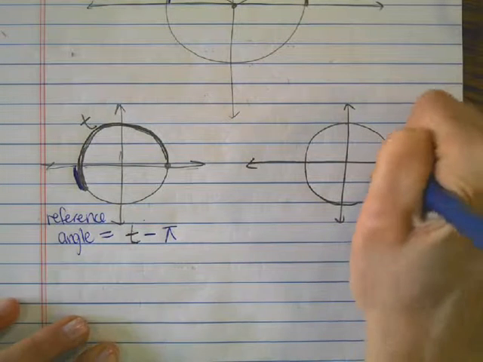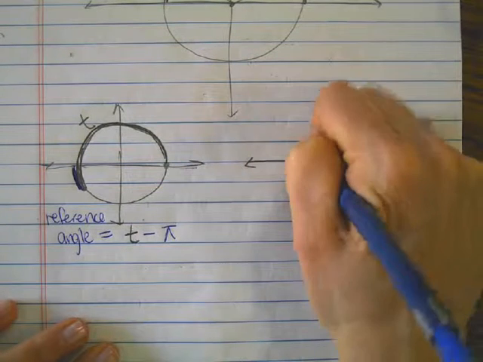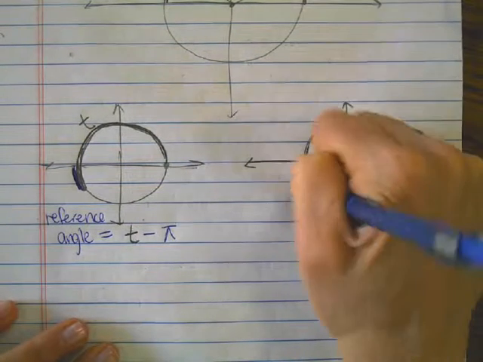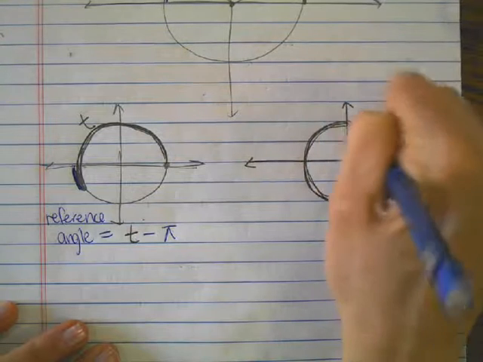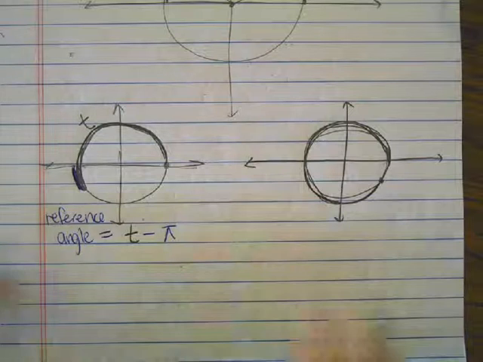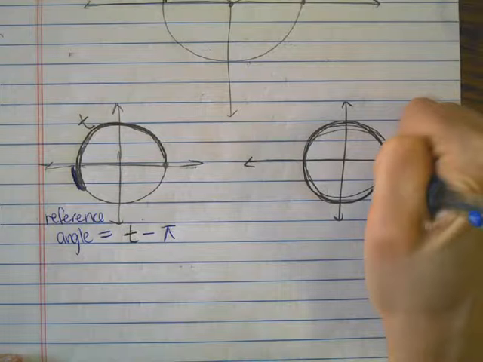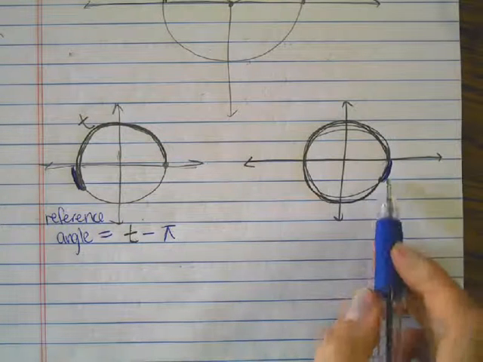I'm starting here, so I'm going all this way around, like this. Okay, and I want to find what is closest to the x-axis. So that's this point here. The distance that is shortest to the x-axis is going up.